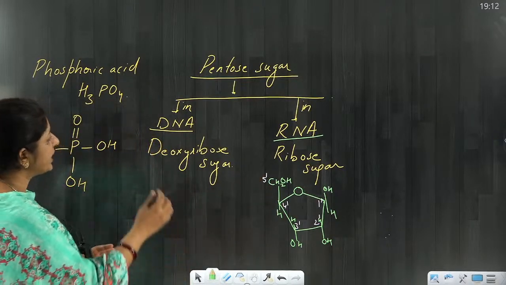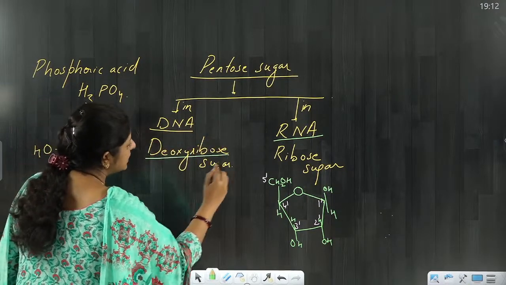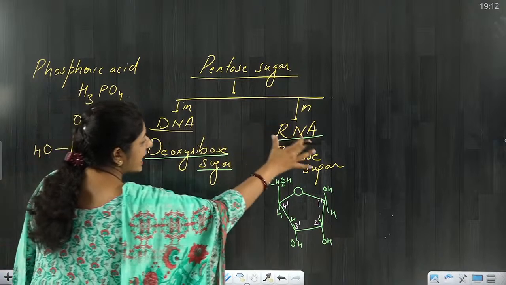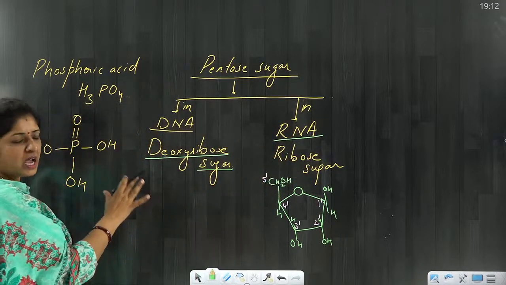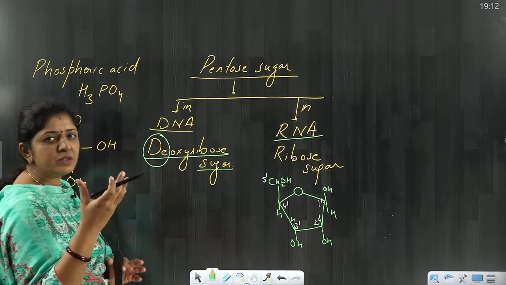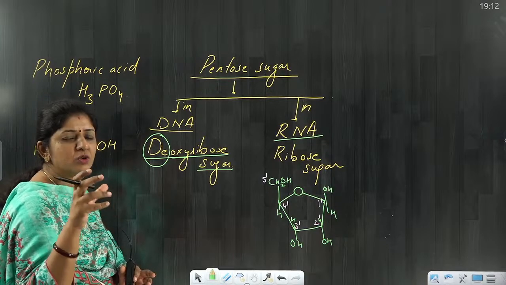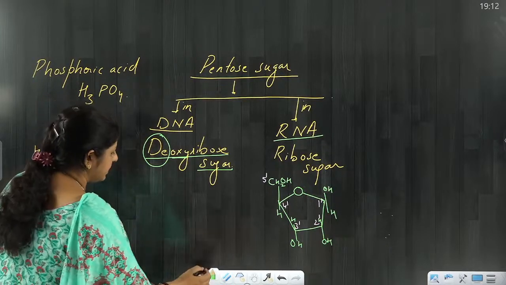Fine. Now, how can we say this deoxyribose is a pentose but derived from ribose sugar? See its name. The word is what? D. D means without. Oxy means oxygen. Somewhere oxygen is not present. Let's see at what position.